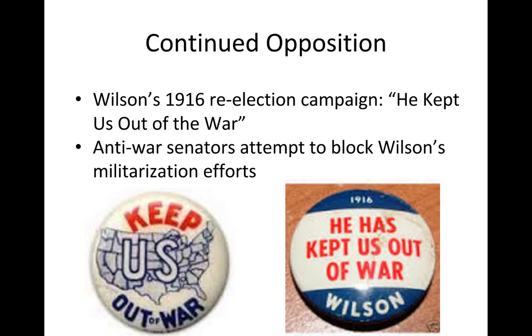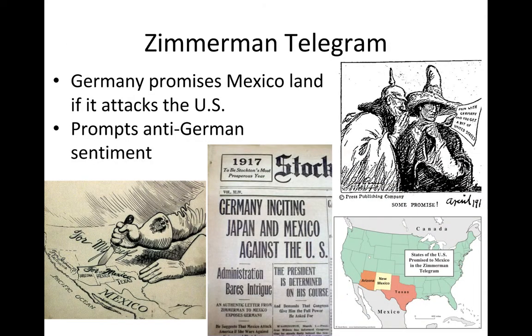So another event takes place that really pushes the U.S. more in the direction of war, and this was the Zimmerman telegram. So this was a secret note that went from Germany to Mexico, and what it did was it asked Mexico to attack the United States. Germany said that if Mexico attacked the United States, that Germany would help Mexico regain some of the territory that it lost during the Mexican-American War.